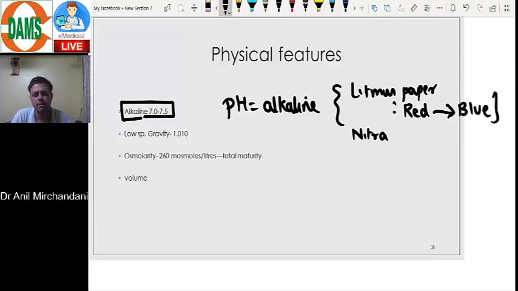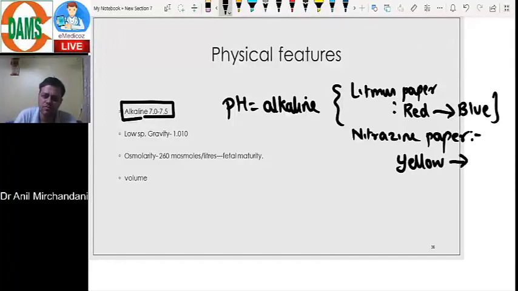Nitrazine paper, which is actually yellow in color, will also turn blue. So litmus paper and nitrazine paper will tell us that alkaline medium is there. Vaginal pH is acidic, but amniotic fluid is alkaline. So if any patient comes to your clinic and says, "Doctor, I am having leaking per vaginum," you put a red color litmus paper.